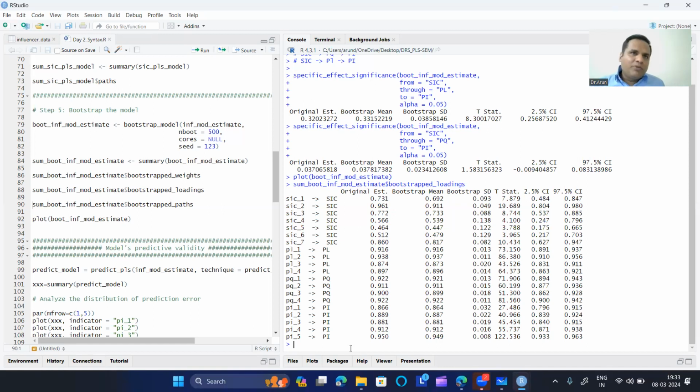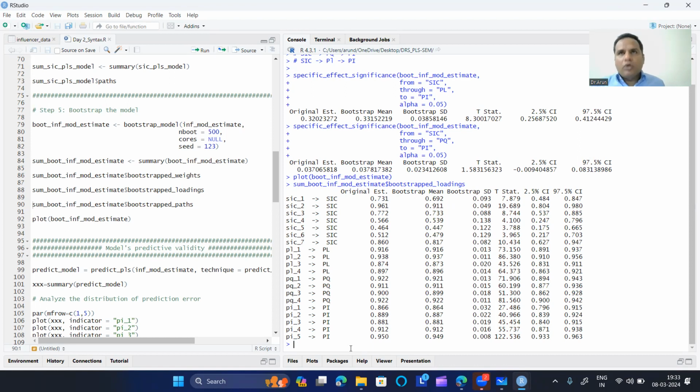Normally, all the scale developers take at least 5, 6 or 7 items. They definitely keep it anticipating that some of the items will not load or will not do justice to the construct. So they keep 5, 6 items. No harm in keeping 5 or 6 items in the formative construct.